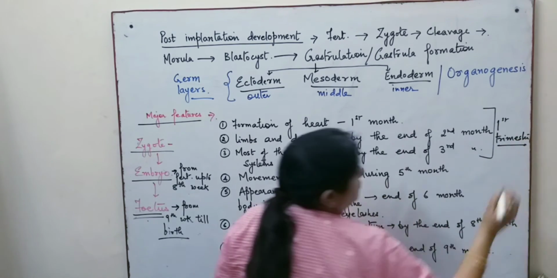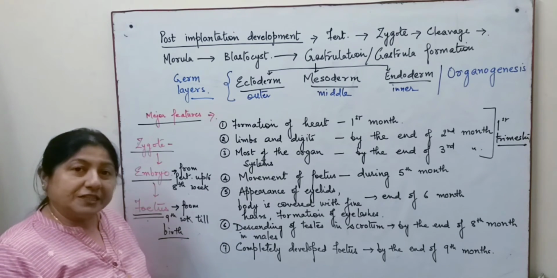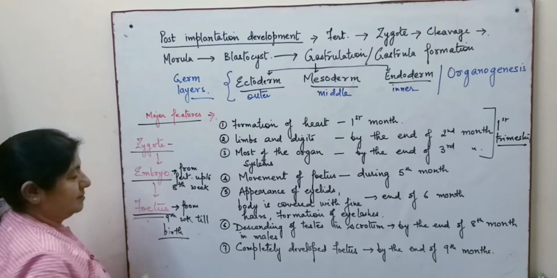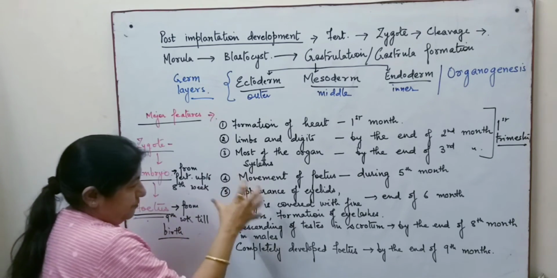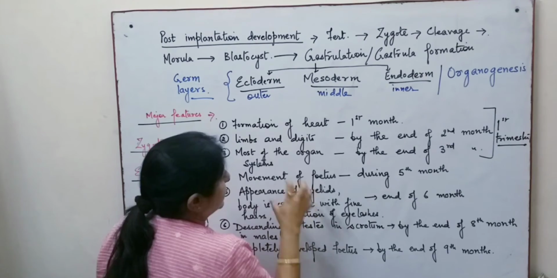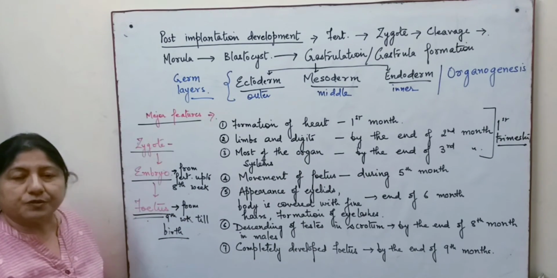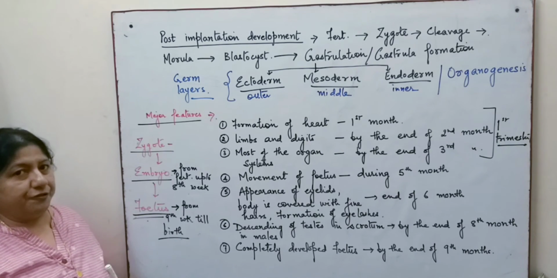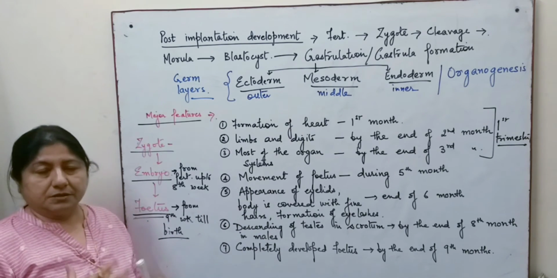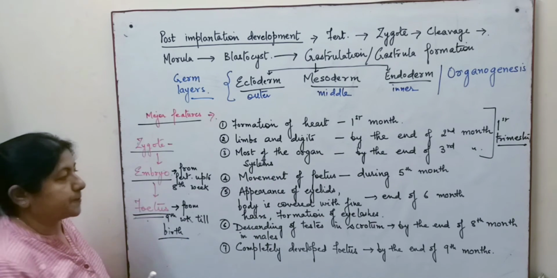The movement of the fetus will be observed during the 5th month. Any time during the 5th month, the pregnant woman can observe the movement of the fetus.